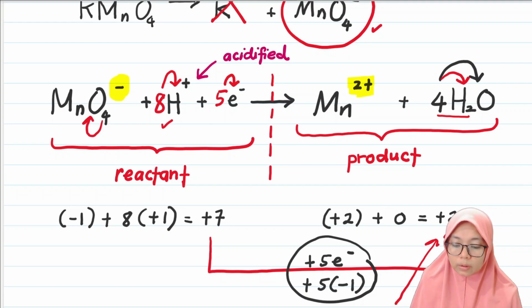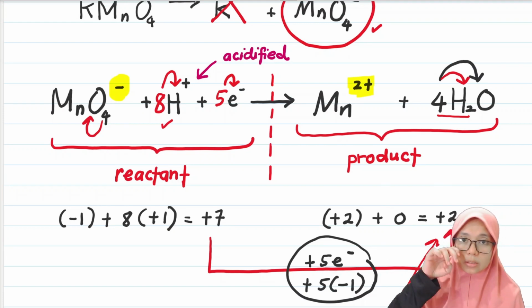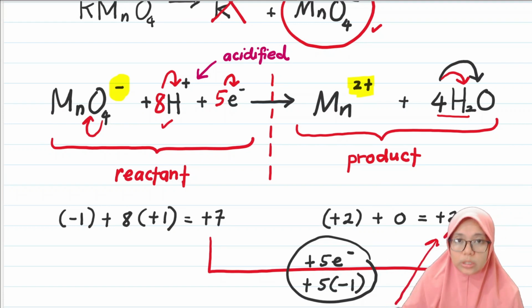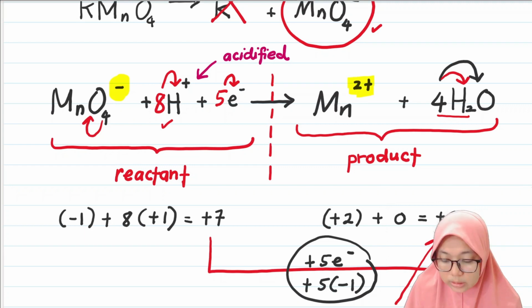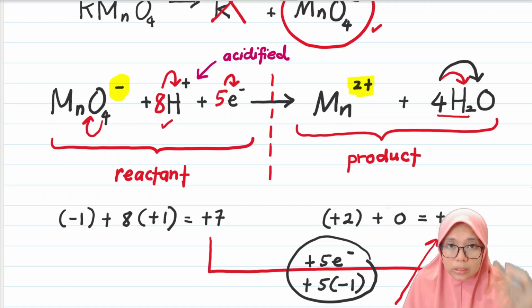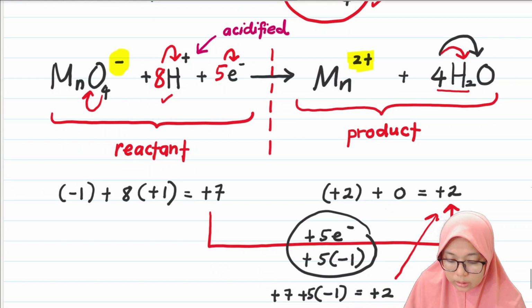If you have problems understanding this, it's okay, because eventually you will go through more and more half equations. Then you will see that the addition and loss of electrons is actually very easy to understand. It's just that this is new, so you have to take some time to understand. It is normal.